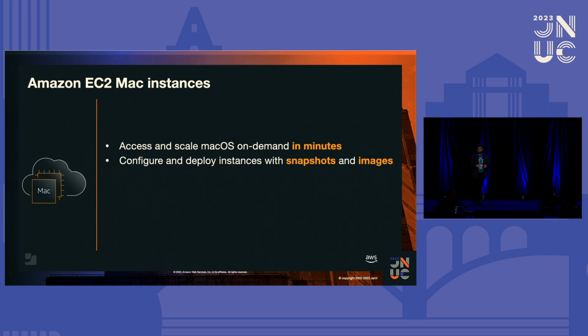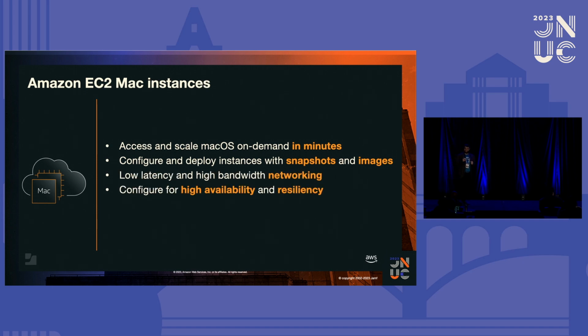You can start and scale instances in minutes, easily deploy with images. Yes, we're going to be talking about images today. And fast and secure infrastructure connects these instances the same as any other instance type, delivering that performance and resiliency in one place.